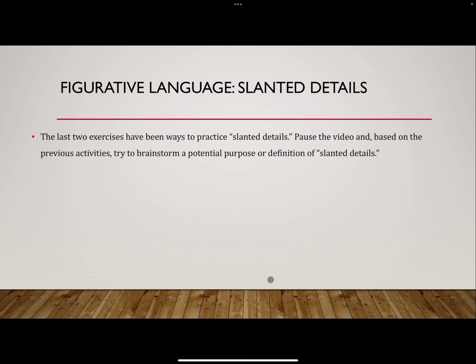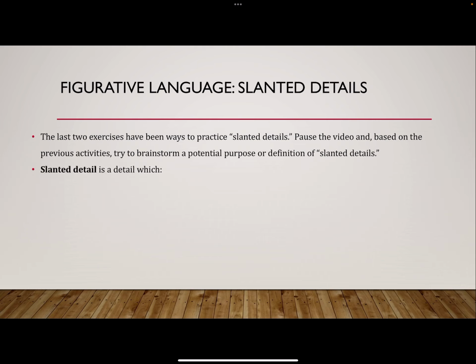These exercises have helped us think about a term called slanted details. So pause the video and based on the previous exercises or activities, try to brainstorm a potential purpose or definition of a slanted detail. What does it do? Why use it? How does it help the audience with your writing?